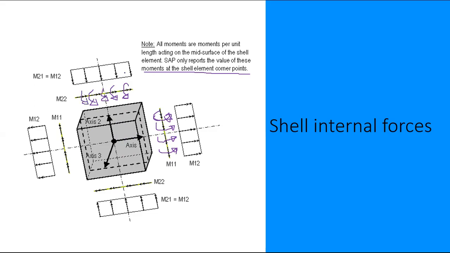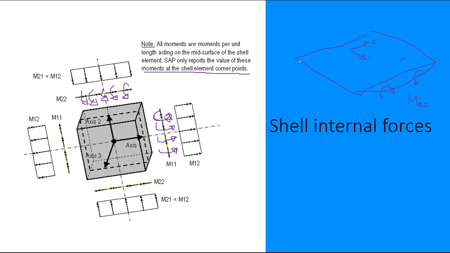Let's say you have a slab. Let's say your first axis is this, second axis is this. If the slab bends like this, that means you have moments like this. This bends about one axis, so this is M22.